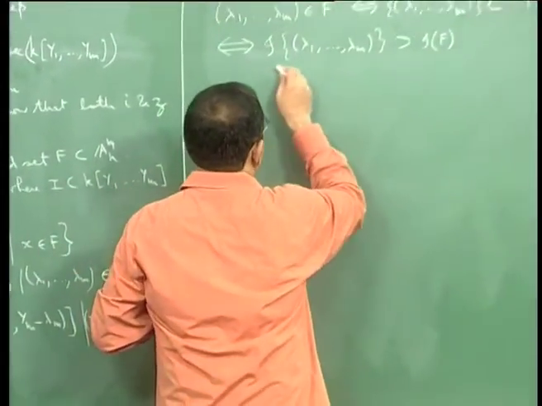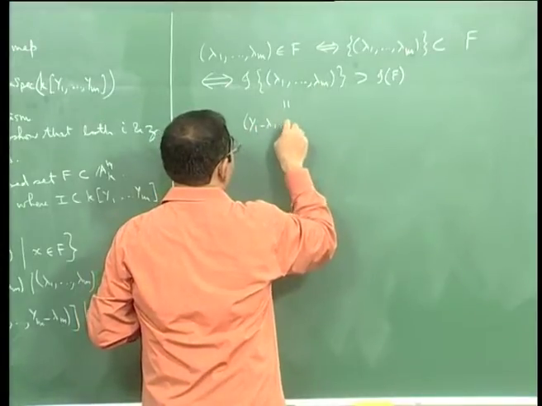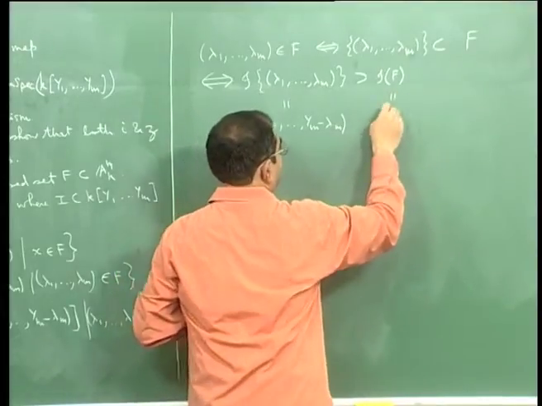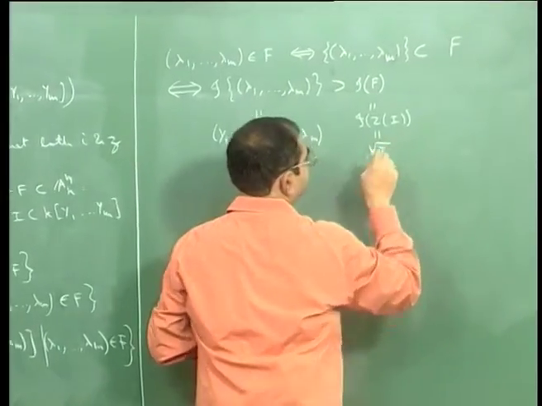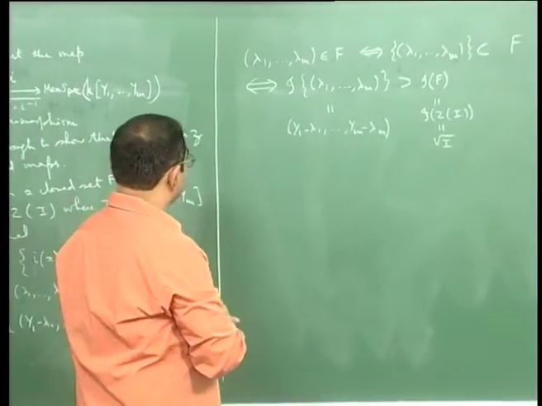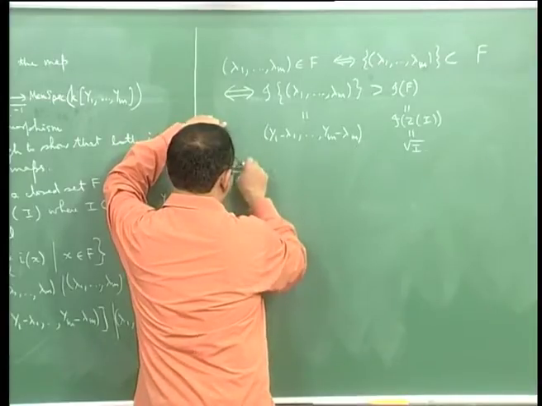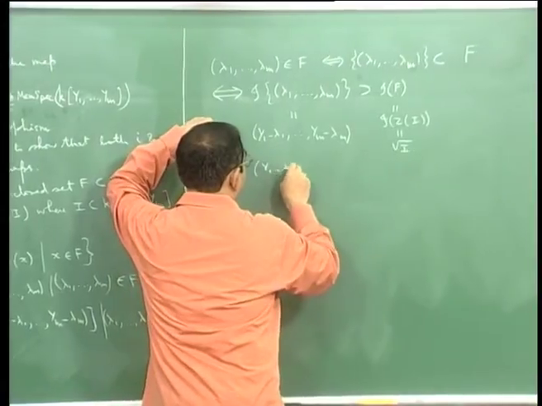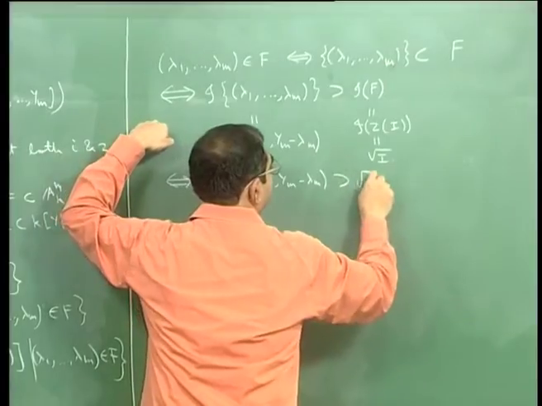But what is I of a point? It is just (y1 minus lambda 1, ..., ym minus lambda m), and what is I of F? It is just I of Z of capital I, which is rad I. So the condition becomes: if and only if the ideal (y1 minus lambda 1, ..., ym minus lambda m) contains rad I.